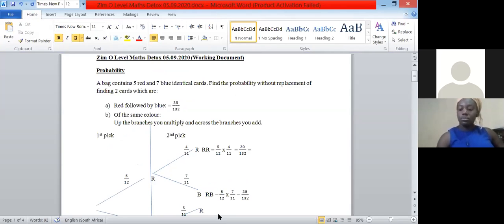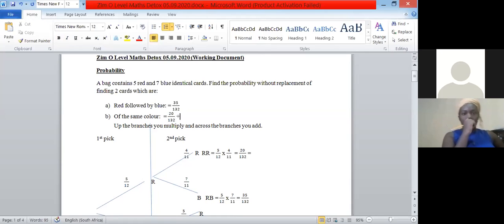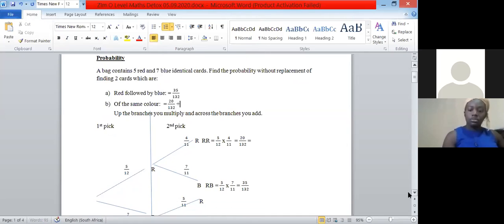So I'm going back here now of the same color. So this answer will be equal to, we take 20 over 132 for red, red, right? And then the next one, we say plus. When we go across like this, when we are picking from across, we add.